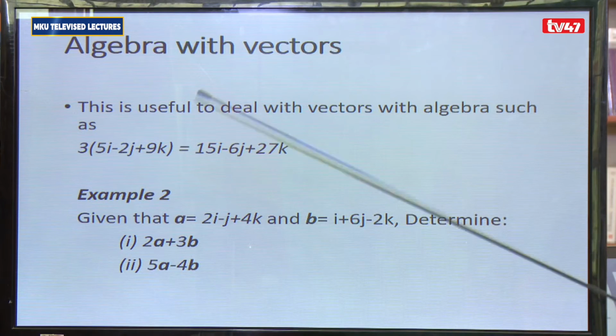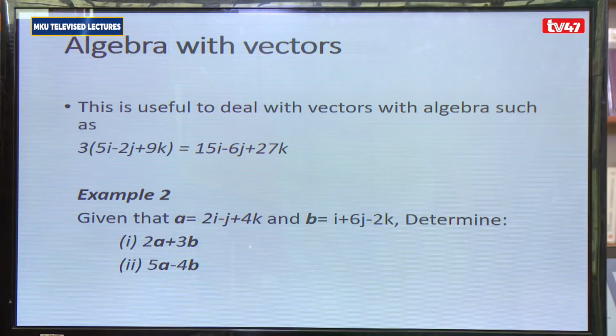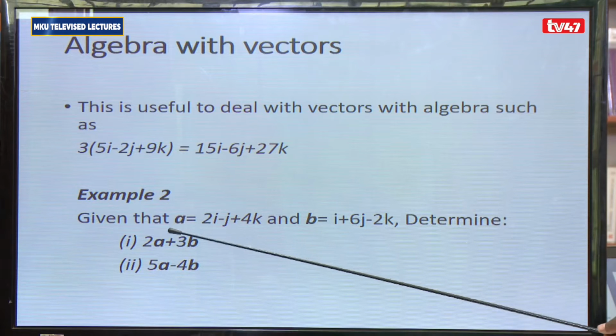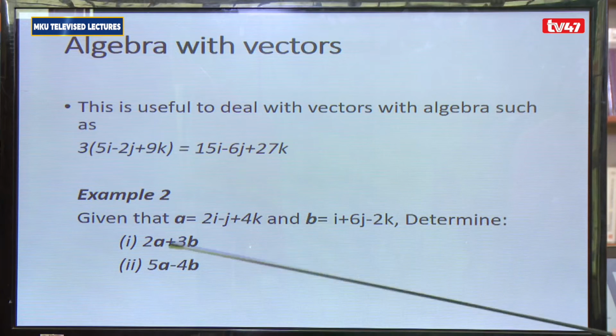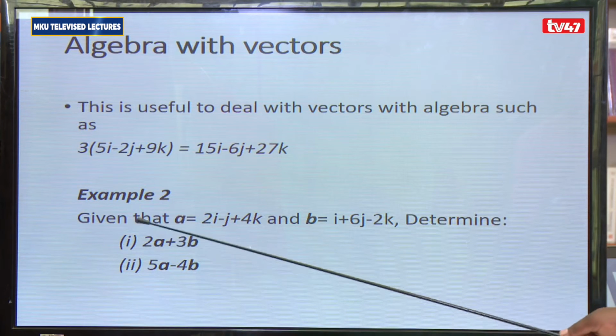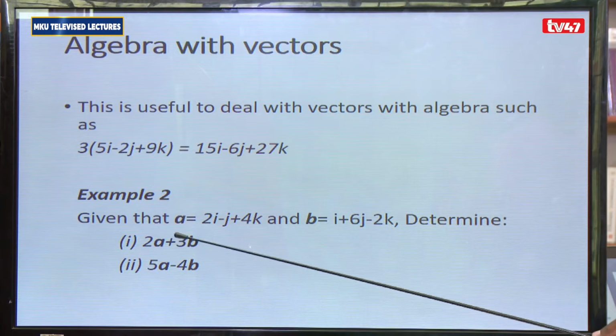Now, an example. If for instance you have got a given by 2i minus j plus 4k, and b is given by i plus 6j minus 2k, and then you are told to determine, part 1, 2a plus 3b.